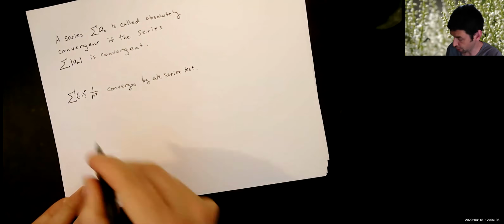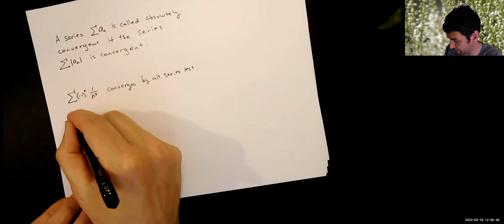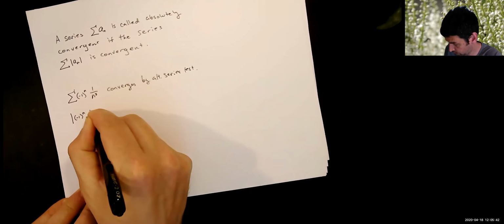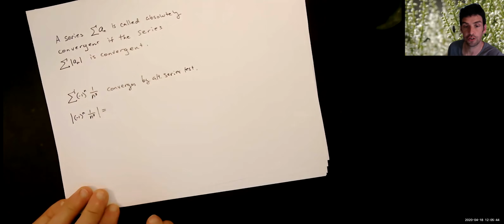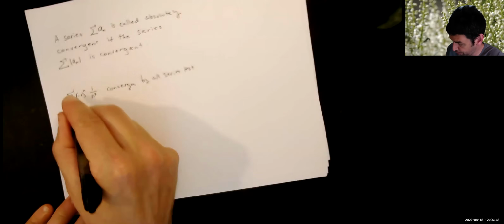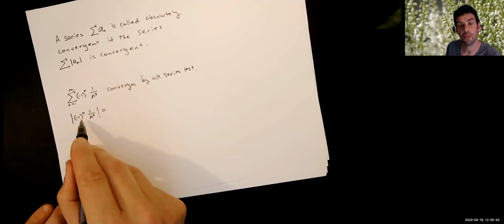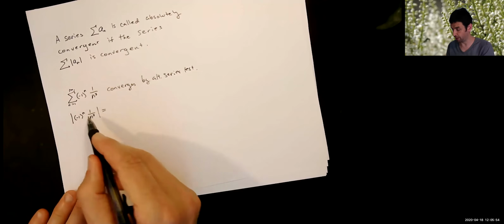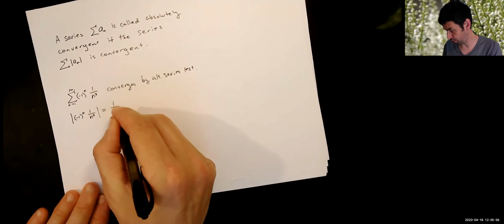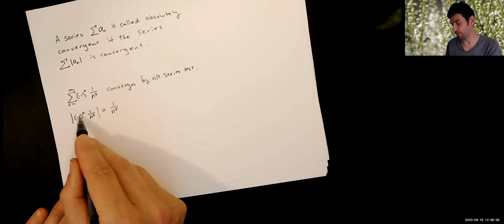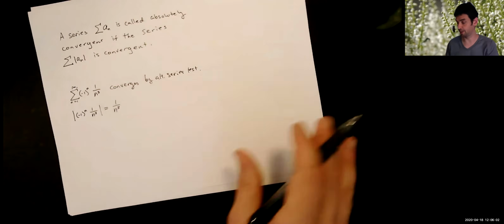But let's also note, if I take the absolute value of these terms, all that ends up happening is we get rid of this negative part, right? For any of the terms where -1 to the n is negative, it becomes positive anyways, and when it's positive, it's just a 1, doesn't do anything.